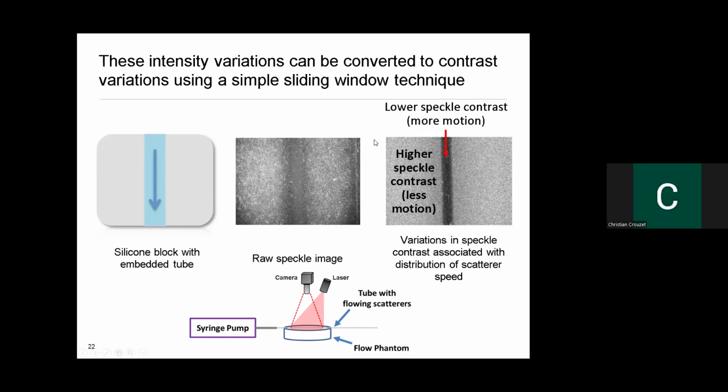And one thing that you can think about if you're looking at the intensity values within this tube, remember the contrast is the standard deviation divided by the mean, is that all these pixel values that are blurred have very similar intensity values. And because of that, the standard deviation goes down. So that's another intuitive way that you can think about why the contrast becomes lower when there's more motion, because those intensity values are more similar.